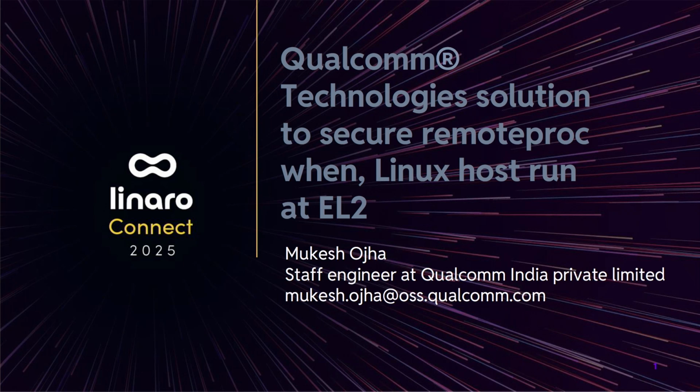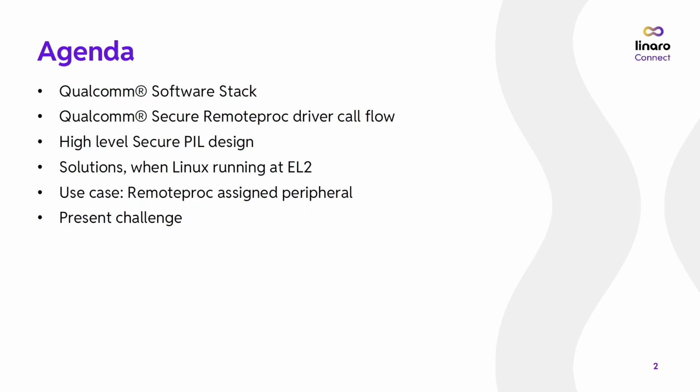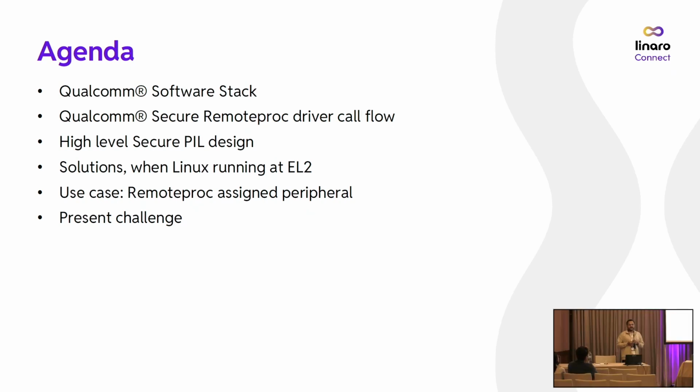I'll go ahead with the agenda. First, the Qualcomm generic ARM64 software stack, and then how this driver call flow looks. Then how exactly it is done when Linux runs at EL1, and what solution we have found.